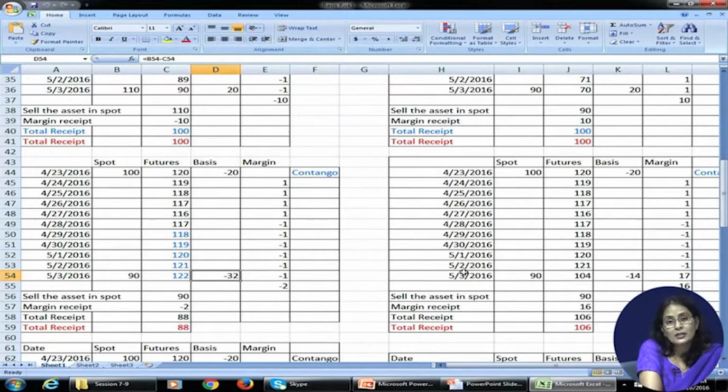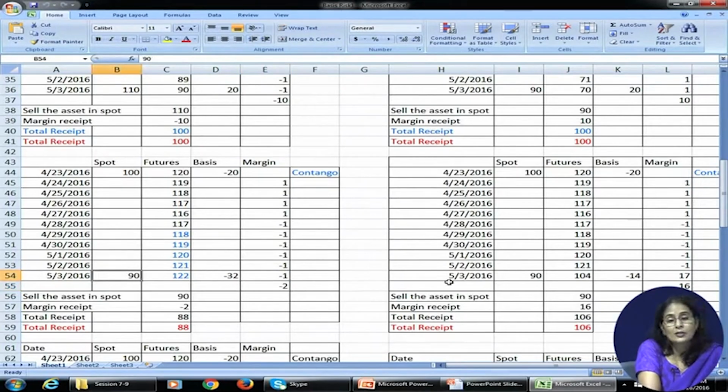As you recall, we discussed that when a basis shifts from less negative to more negative, it is treated as a weakening of the basis. So basis has changed, and with the change in basis, this particular trader received 1 rupee for the first 4 days and paid margin at a subsequent time period, resulting in a net receipt of 2 rupees from margin.